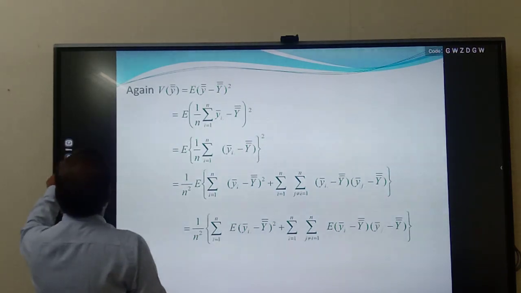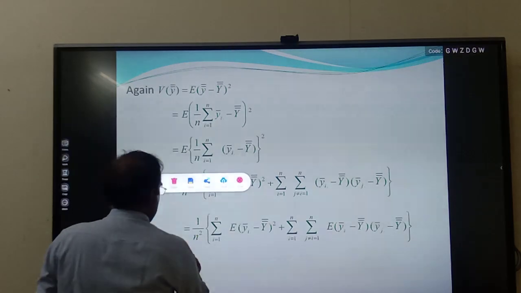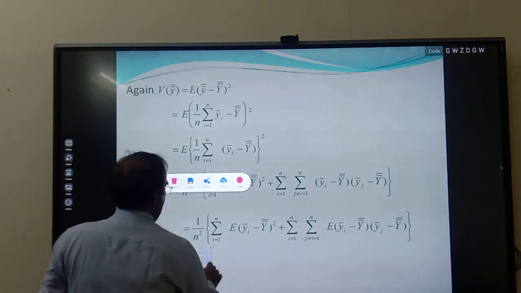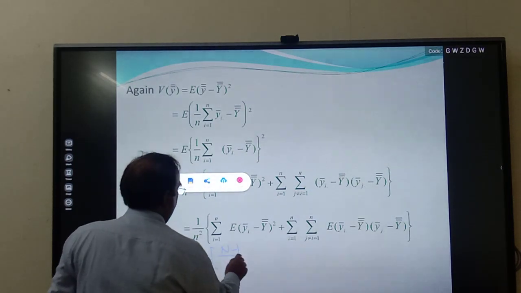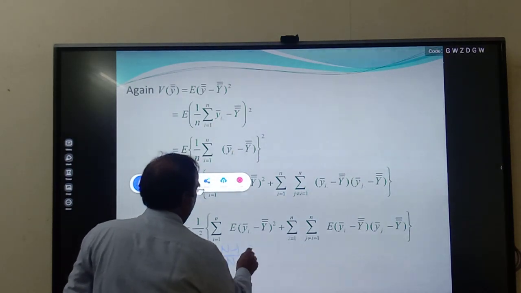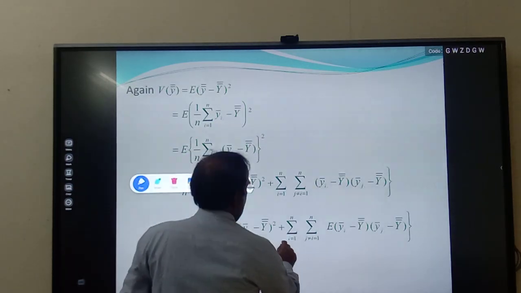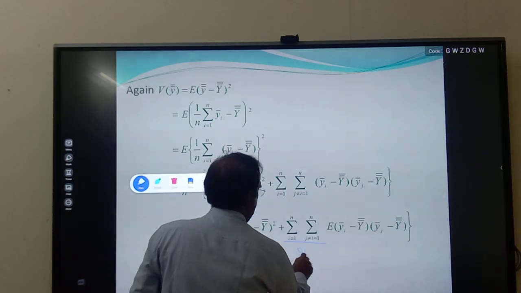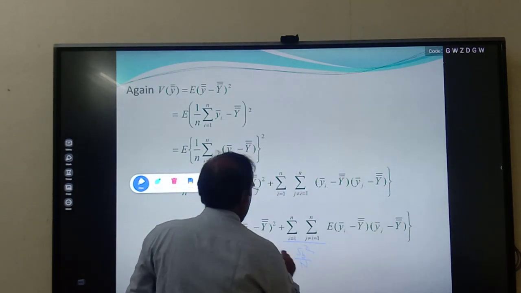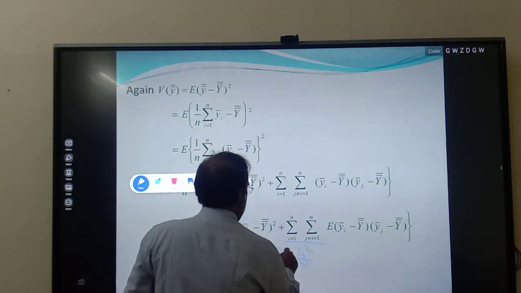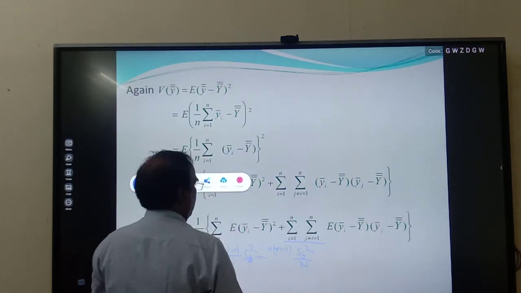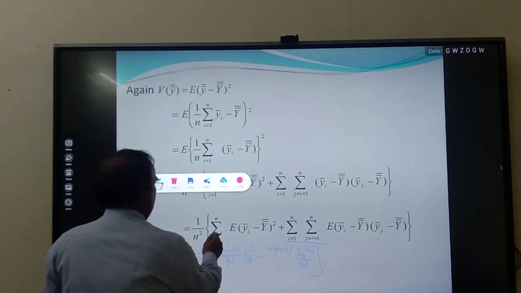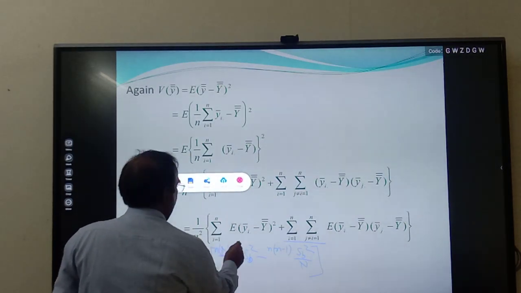So if we put this value as 1 by n square here, n minus 1 by n SB square, minus sum of this, this is SB square by n, and we make n minus 1, n minus 1 like this, and we are to sum this n times.